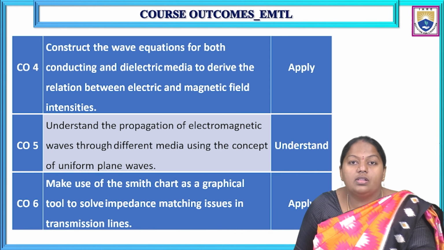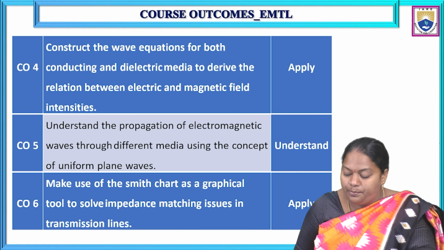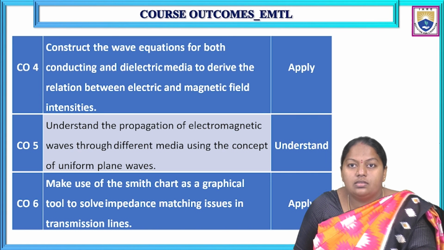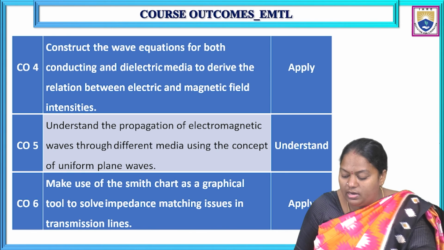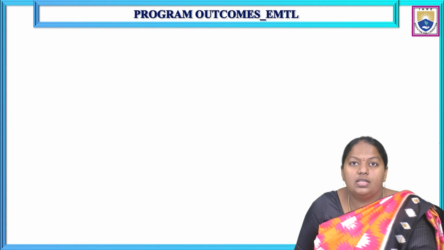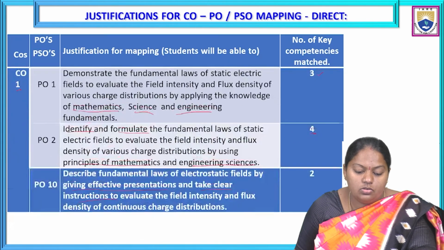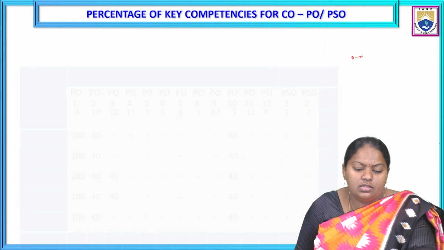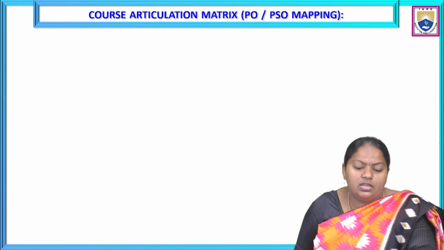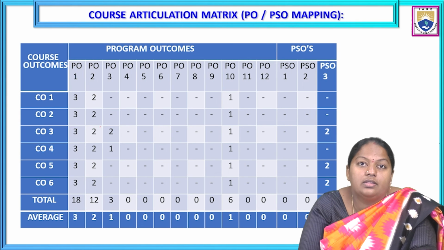So, to find all the characteristics using the Smith chart, like reflection coefficient, standing wave ratios, as well as the input impedances and some impedance matching issues involved in the transmission lines, we use course outcome 6. Depending upon all the values, I have tabulated this final one as the articulation matrix like this.